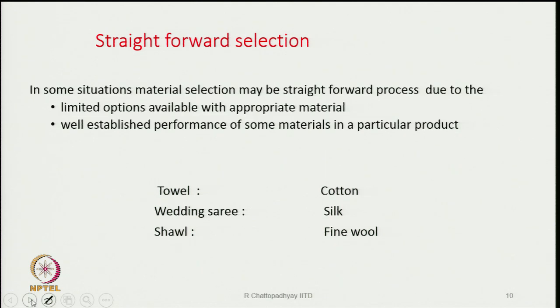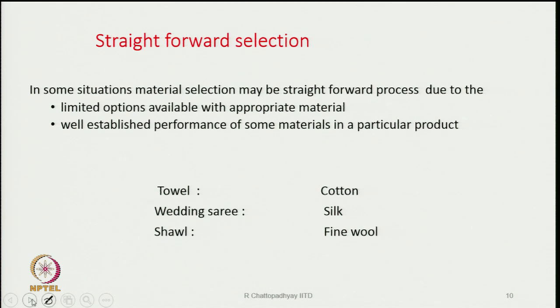The other aspect is that sometimes we can go for straightforward selections. In some situations, material selection becomes a straightforward process due to limited options available with the appropriate material or well established performance of some material in a particular product.